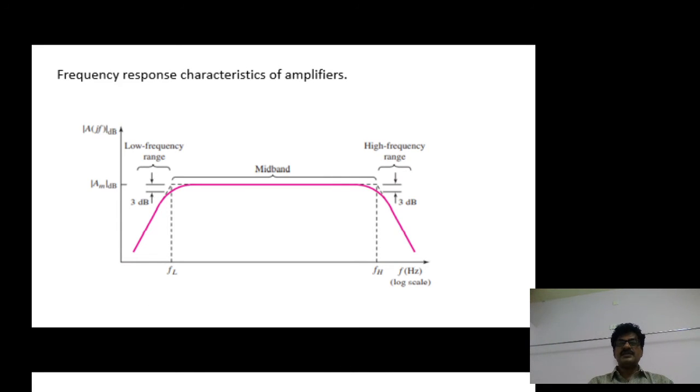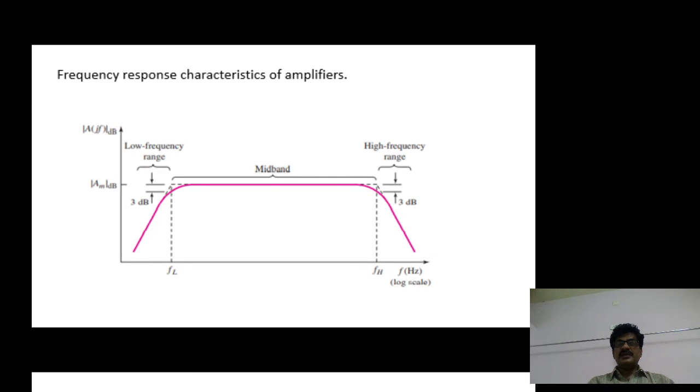As I said, the response curve is between the gain of an amplifier on the y-axis and the frequency on the x-axis. Gain versus frequency. This curve shows the relation between the magnitude of the gain versus frequency.